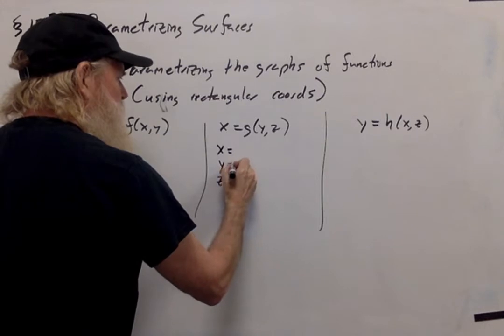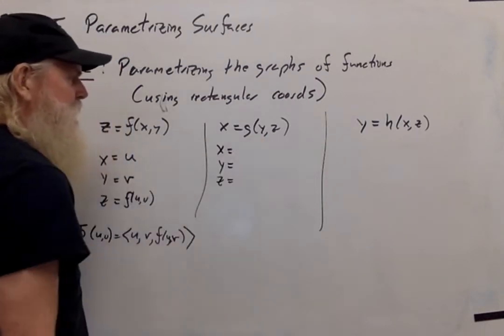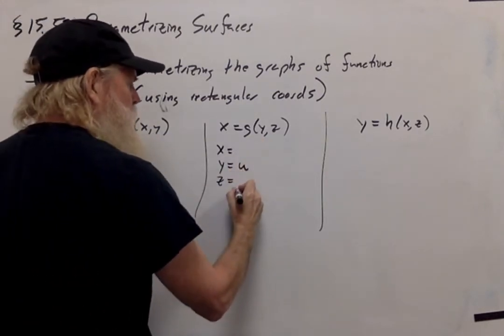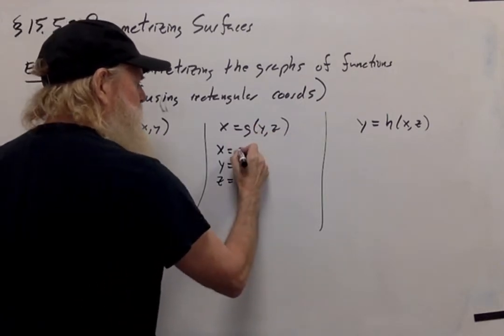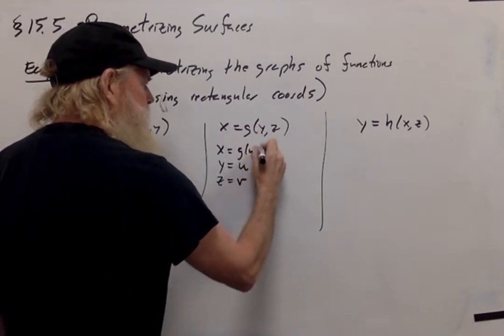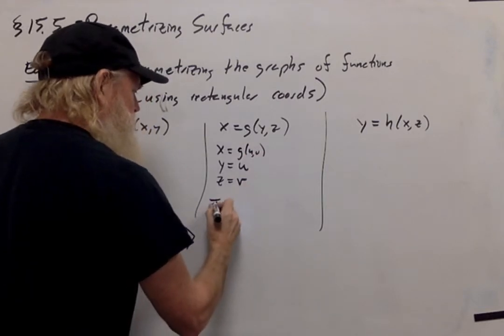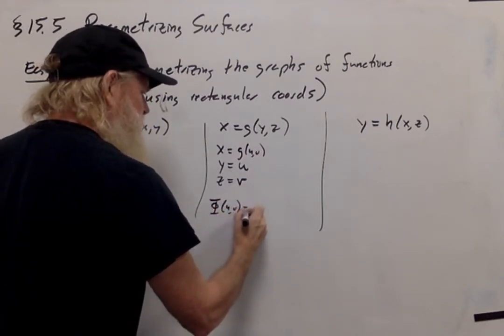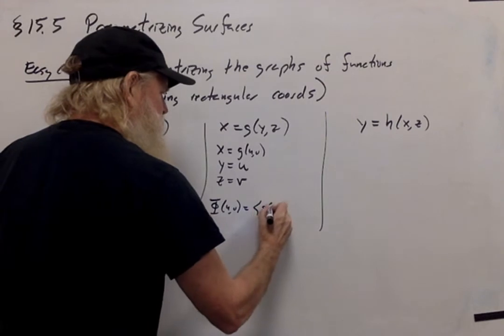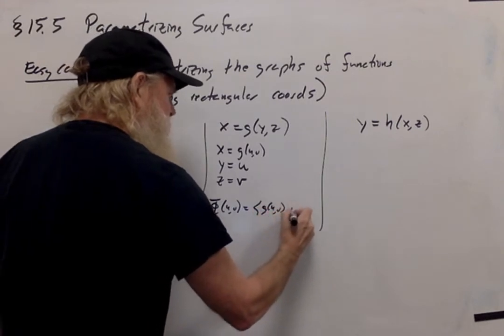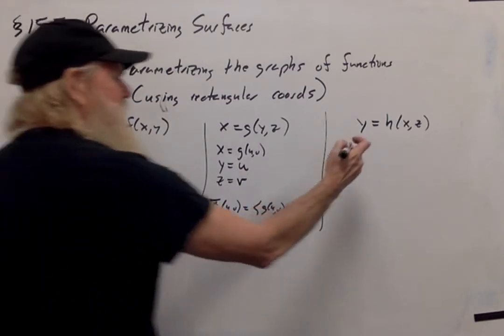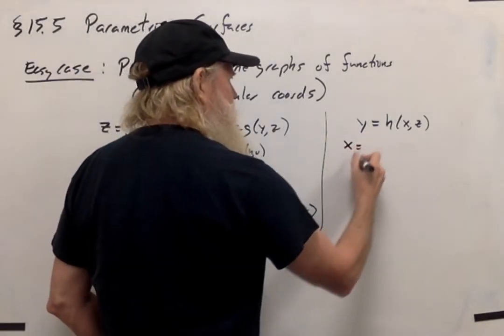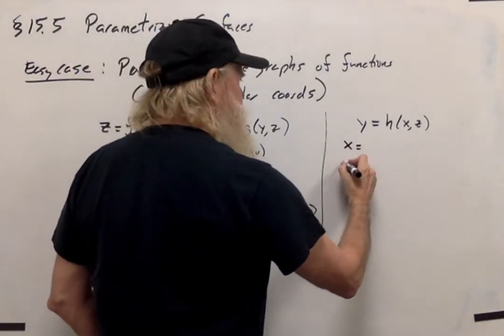In this case, when x is equal to a function of y and z, I can set y equal to u and z equal to v, and then substitute into g to get x, giving me the parameterization phi of u and v equals g of u and v, and then u, and then v. And I bet you can guess what's going to happen over here if y is a function of x and z.